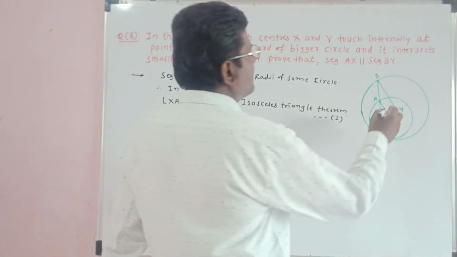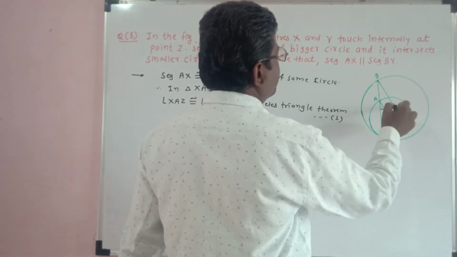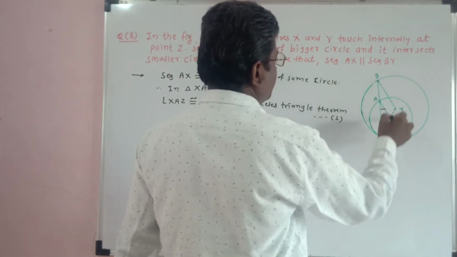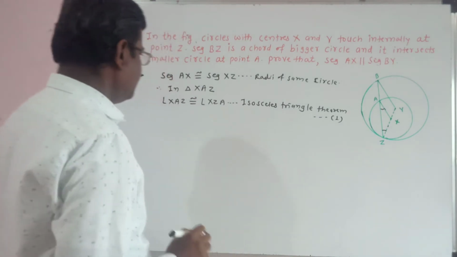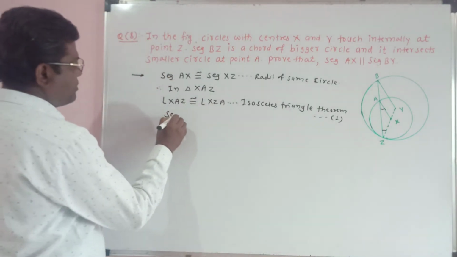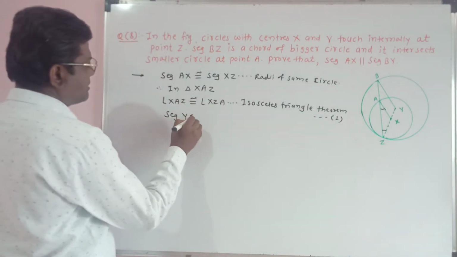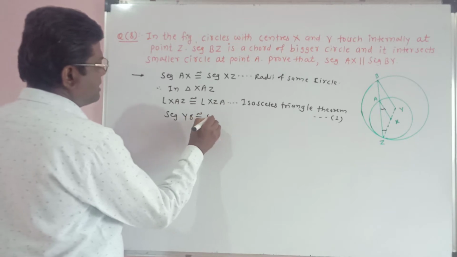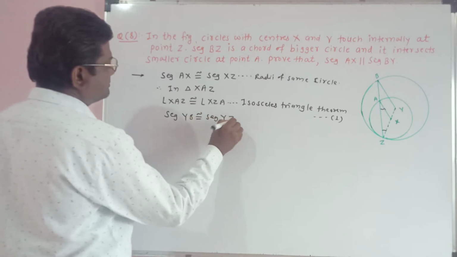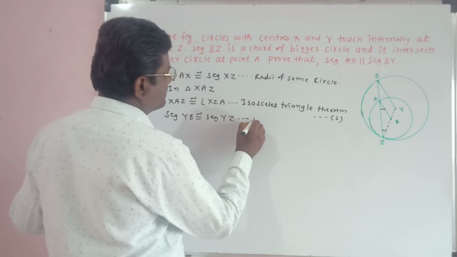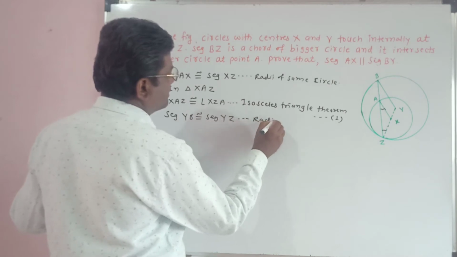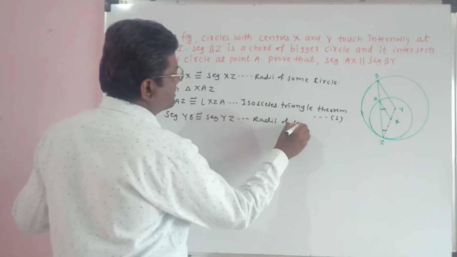Now for the big circle, YB is equal to YZ. Segment YB congruent segment YZ. Reason is radii of same circle.